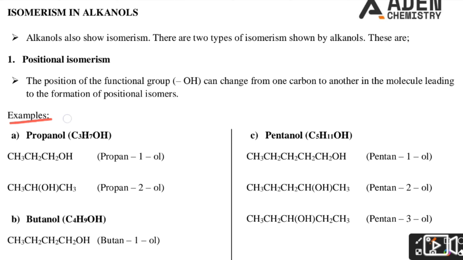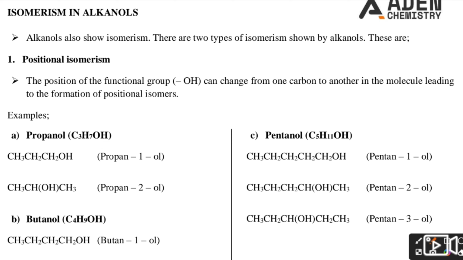For example, we are going to do propanol, and this is the molecular formula for propanol. Remember we said isomers. What are isomers? We said isomers are compounds that have the same molecular formula, but different structural formulas. So the molecular formula is C3H7OH.